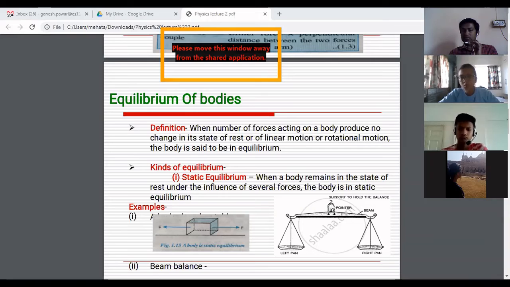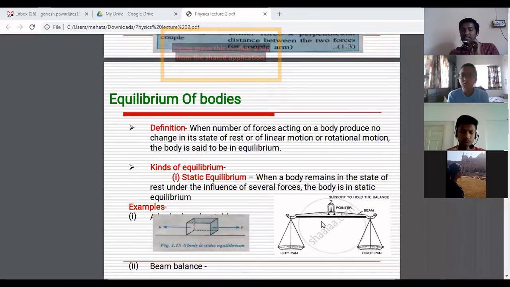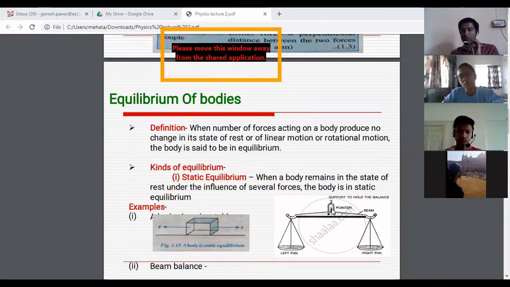Now, suppose in the right pan I am going to put the weights, and in the left pan, for example, I am putting vegetables. With my hand, I am holding it over here. So this is my pivot.